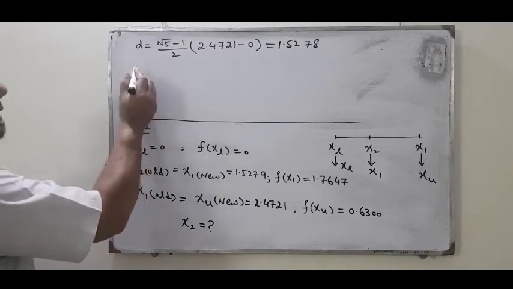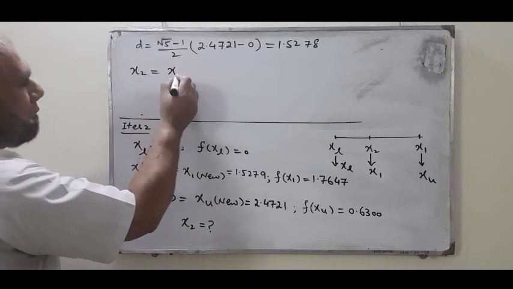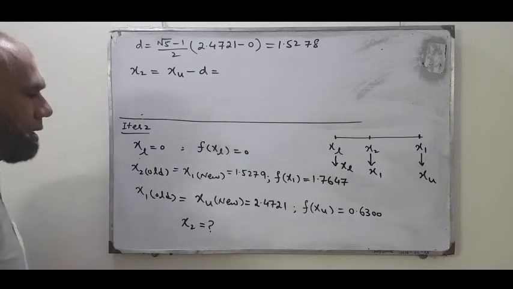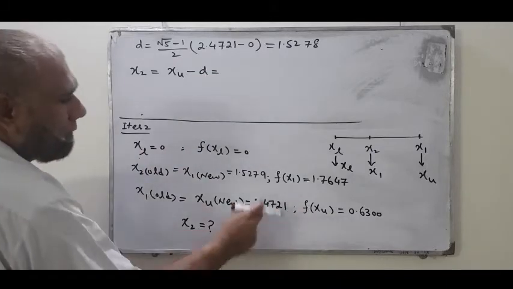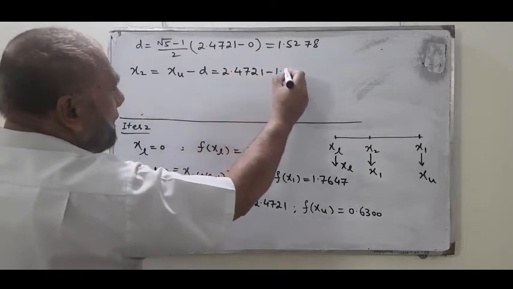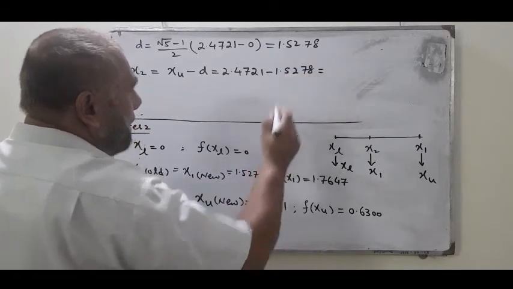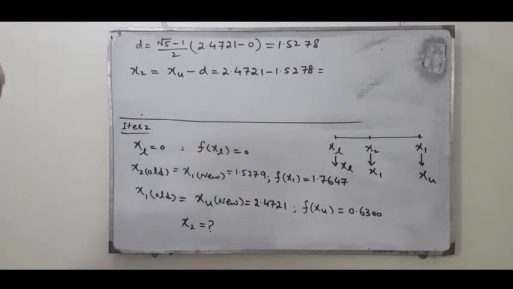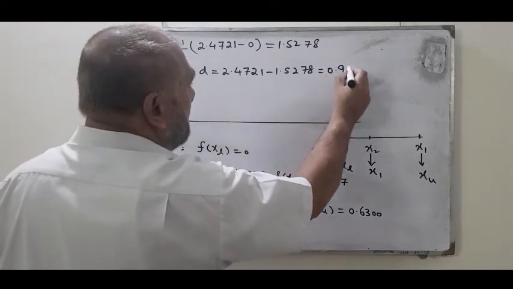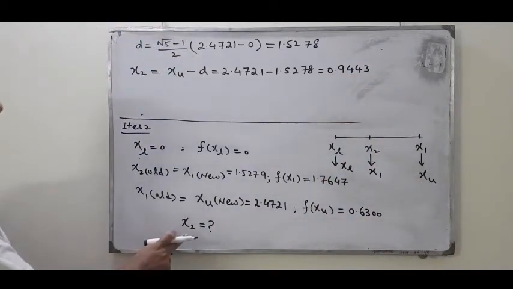And after finding d, we can calculate x2 very easily by using the formula we already know, xu minus d. And xu is this one, 2.4721 minus d, which we have just calculated, 1.5278. Okay, and then take the difference of these two. The result will be equal to 0.9443. So this is your missing term.